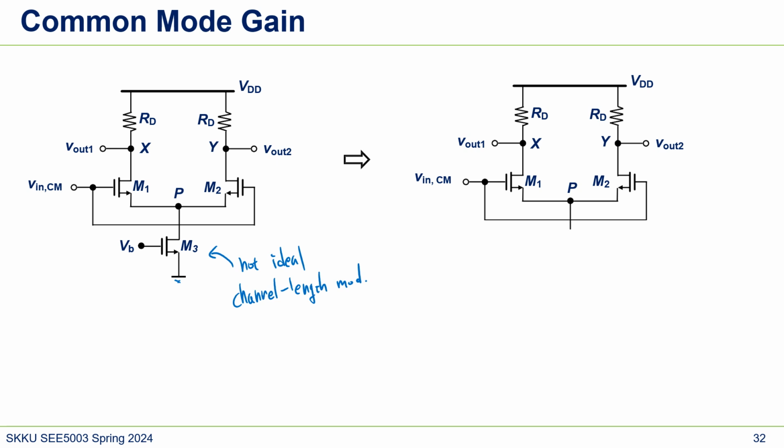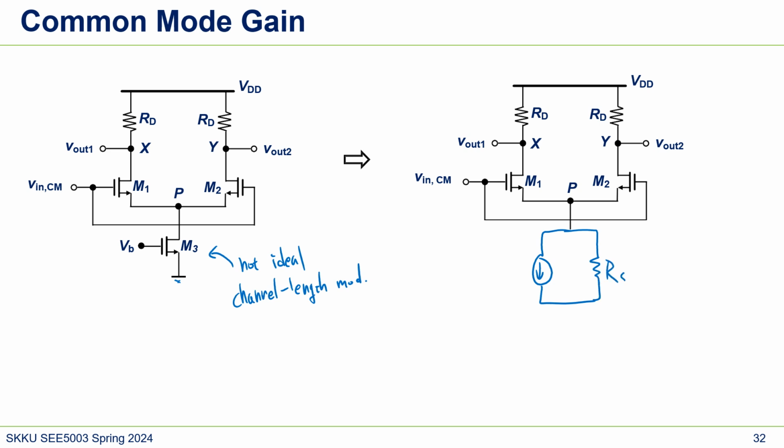The output resistance of an ideal current source is infinite, but since our current source is not ideal, we do have a finite output resistance. So what we can do is use a Norton equivalent.